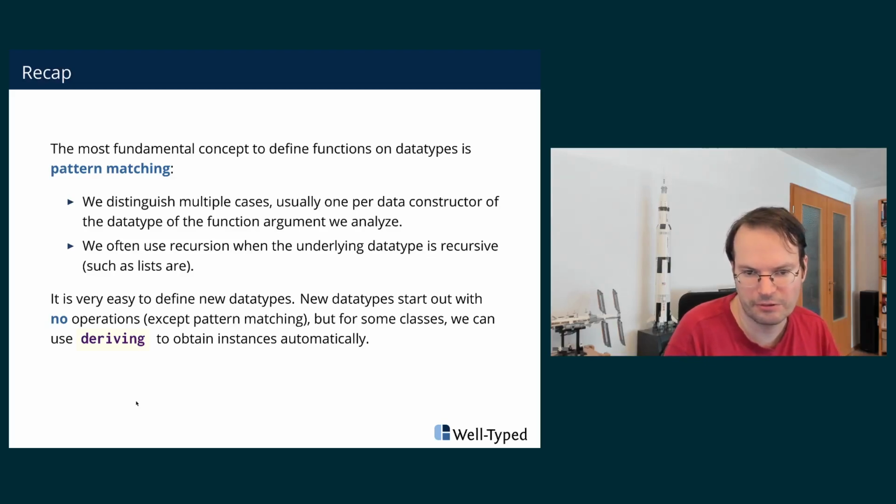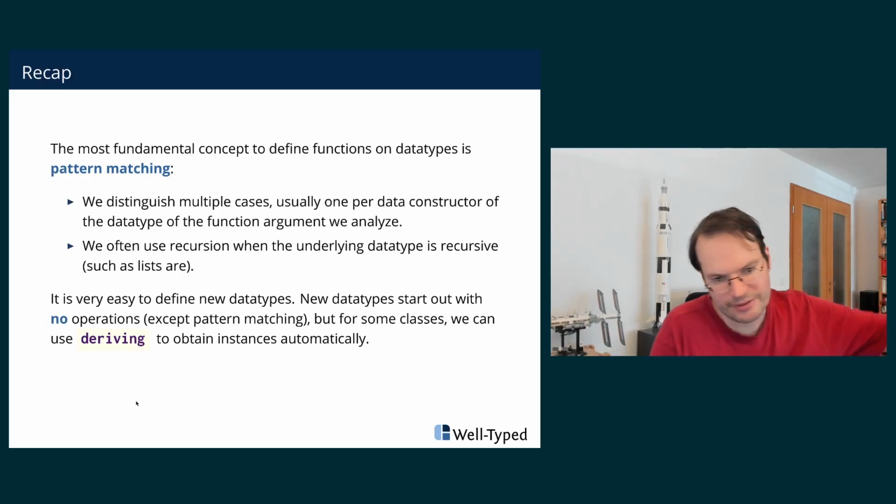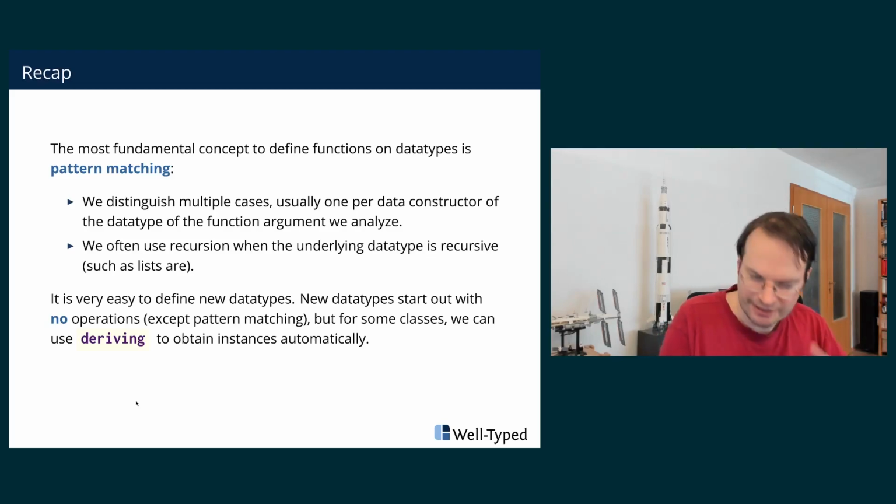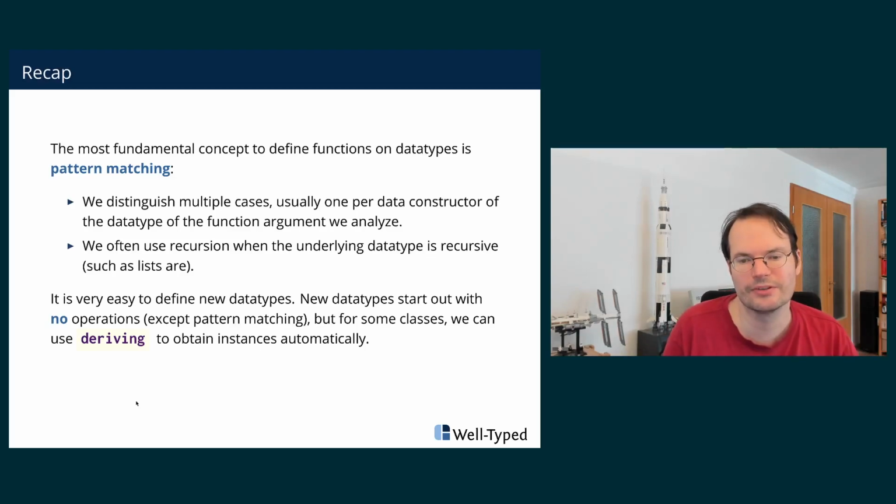That's really at the core of it, and then you start giving them operations. And new data types start out with no operations except pattern matching. The only thing you can do if you're not using some deriving magic is to define functions by means of pattern matching. So it is really the most fundamental thing you can do.